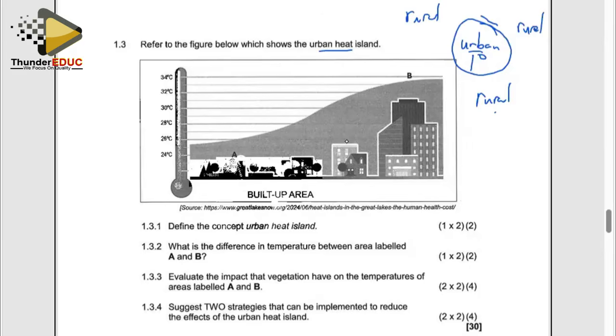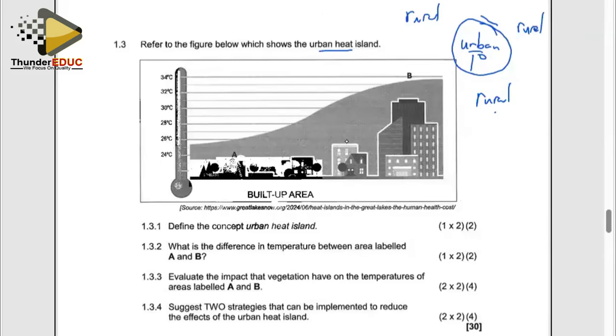And why do the rural areas have relatively lower temperatures? It's because of the natural surfaces which reflect heat. We also have vegetation, which has a cooling effect. And we have water bodies in the rural areas, which also have a cooling effect. So that is the other side of the rural area.